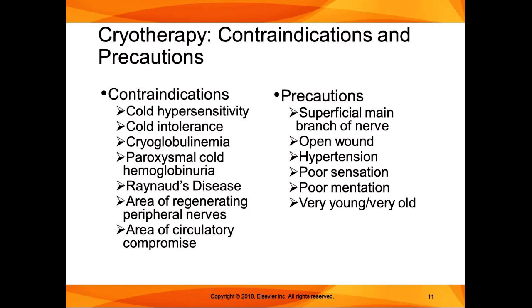If someone has poor sensation, they're not going to be able to tell if it's too cold, or poor mentation, same thing, and that's always a precaution for any physical agent. Someone who's very young or very old, poor sensation is really common in the very old, or the very young, they just might not be able to tell you that it doesn't feel right.